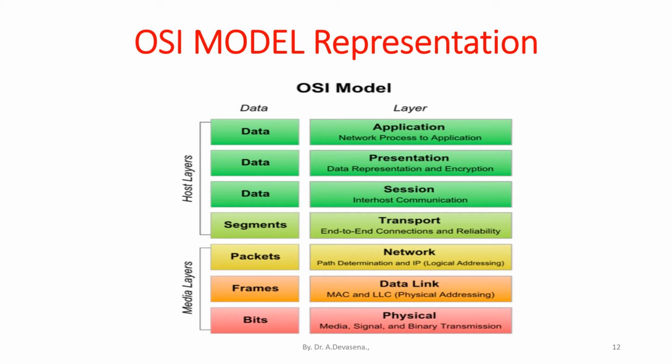The OSI model is divided into 2 groups of layers. They are media layers and host layers. In the media layers, we have the physical layer, data link layer, and network layer. And in the host layers, we have the transport layer, session layer, presentation layer, and application layer. This is represented in this diagram.